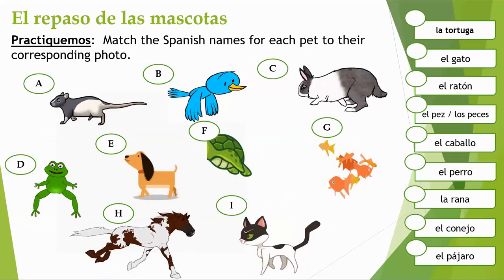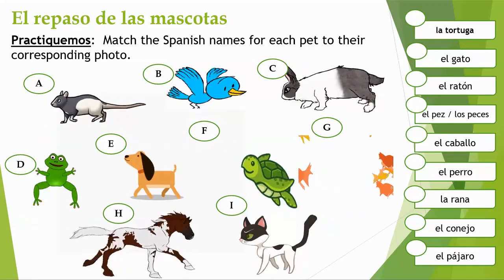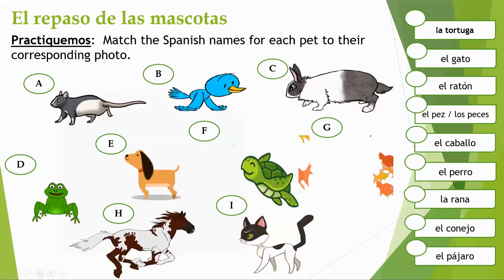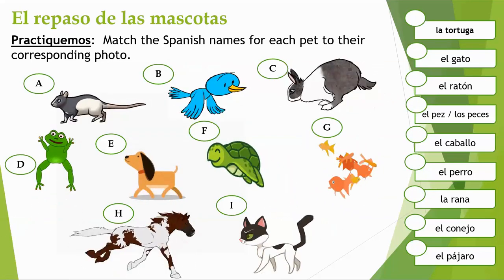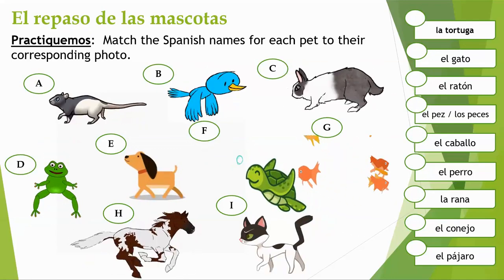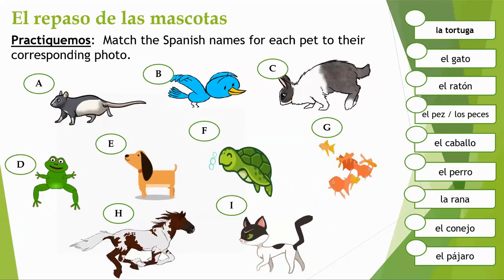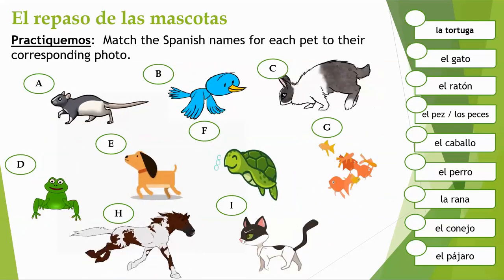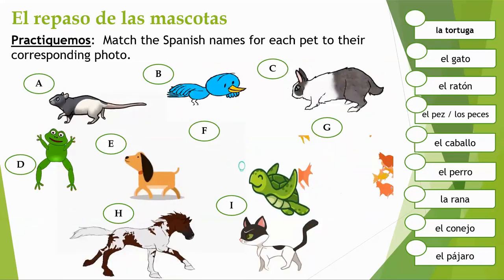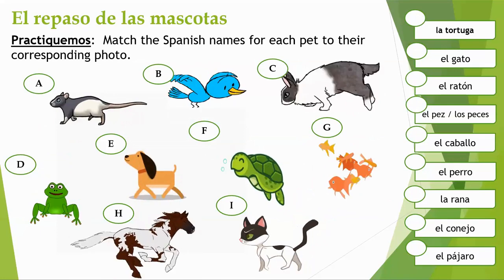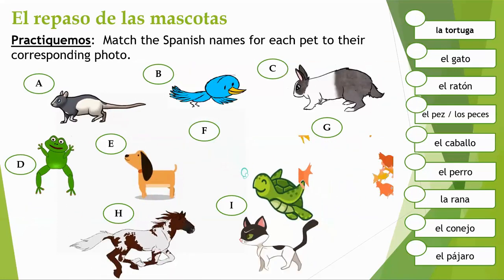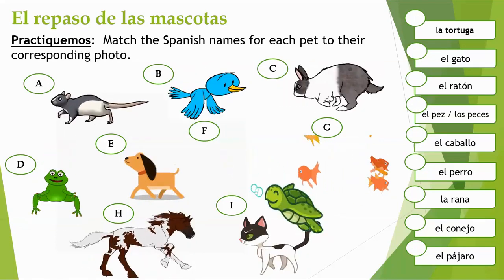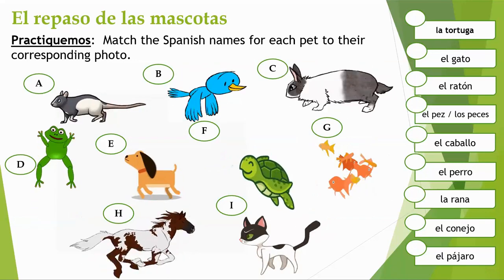So that leaves G, H, B, C, and D. Give me the answers, please. Who knows them? H is un caballo. Say it again. H is un caballo. H, okay, yes. H is el caballo. Yes, very good. I see your hand again. G is el pez. She is, yes. It is el pez or los peces, fish. Jada, I see your hand.